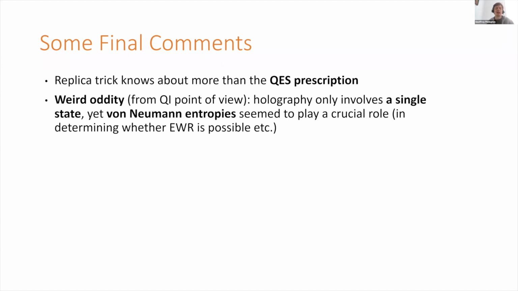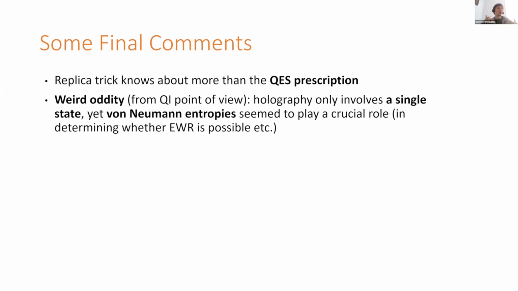Another big takeaway is that from a quantum information point of view, it was always weird that holography involved von Neumann entropies for things like determining the entanglement wedge. The reason is that operationally, in quantum Shannon theory and so on, von Neumann entropies only play the most important role when you have a large number of copies of the same quantum state.